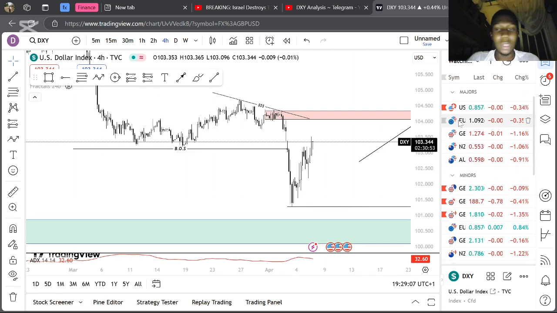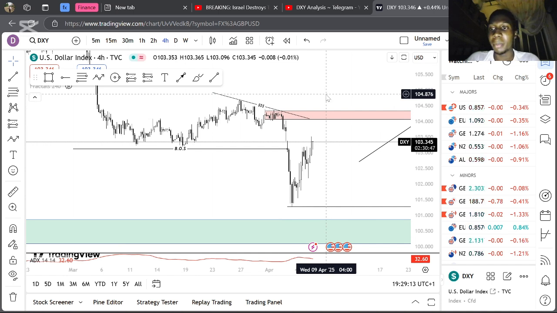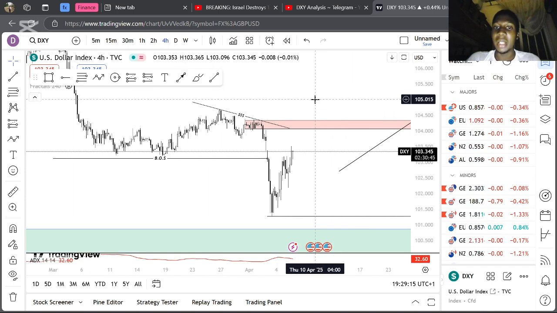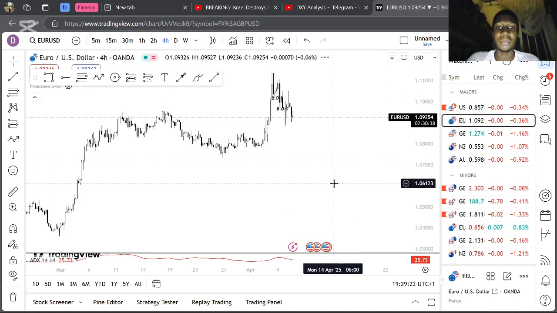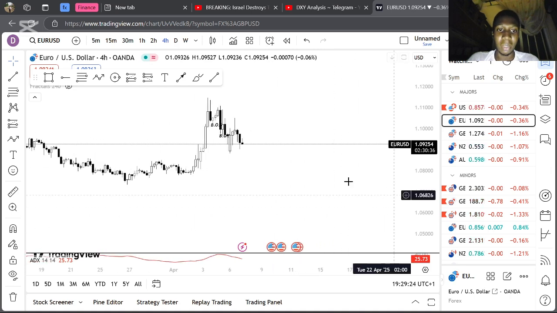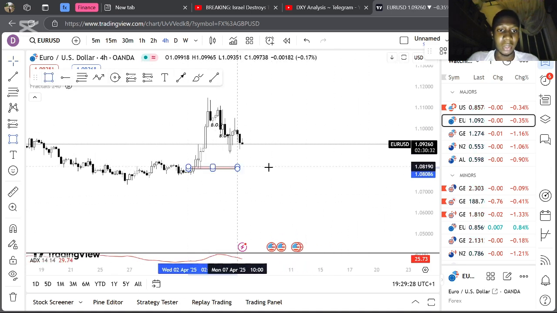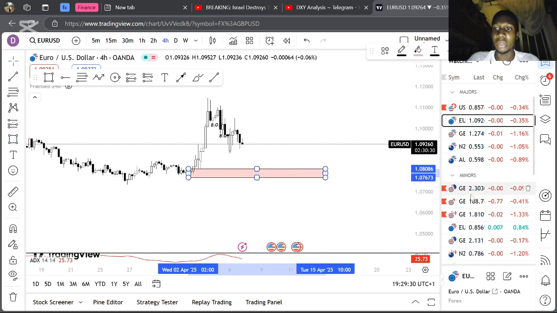So if DXY is aiming towards a supply zone, what does it tell me about pairs like EURUSD, GBPUSD? It tells me that if DXY is heading towards the supply zone, then EURUSD should be heading towards a demand zone. And I won't be surprised if I find a demand zone like here that EURUSD could be heading towards.